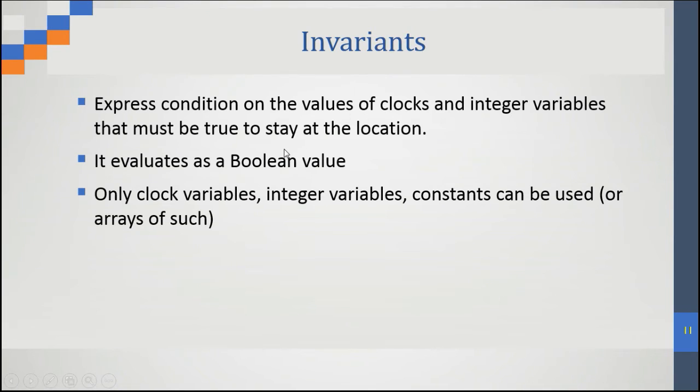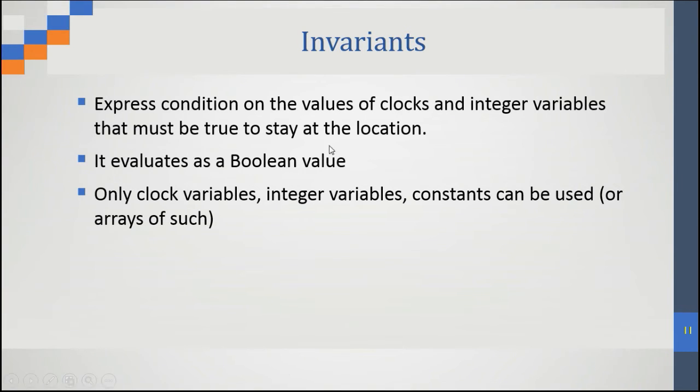The invariant, as we see, is for the location. The invariant is a condition, and this condition can use a clock or normal variables, and it should be true. It is evaluated as a boolean, so it should be true to stay in this location.